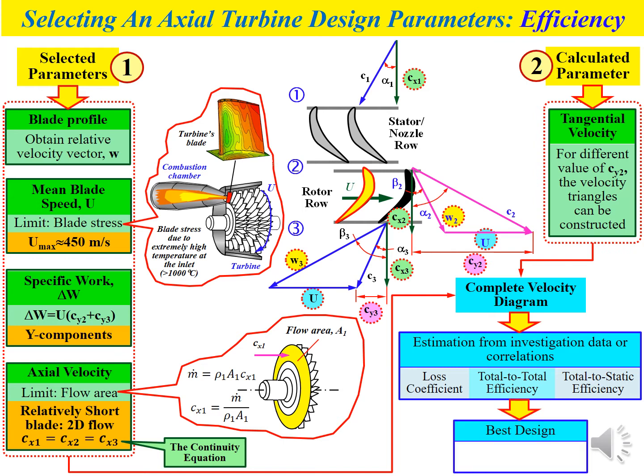Based on this estimation, we can determine which parameters will produce the best design for the axial turbine. To do so, we need to consider factors such as the minimum losses and the highest efficiency. So we will select the combination of parameters that produces minimum loss with highest efficiency.